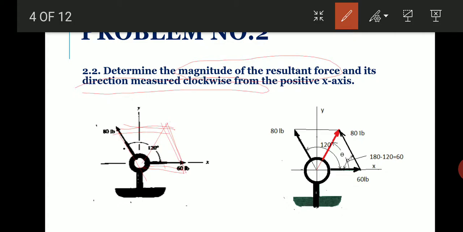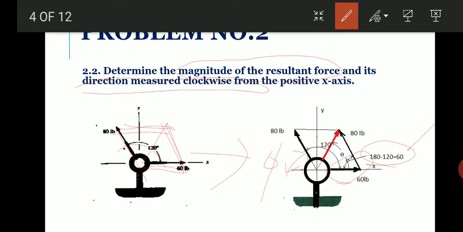We have the given 120 degrees. So 180 minus 120 is equal to 60, so this angle here is 60 degrees.